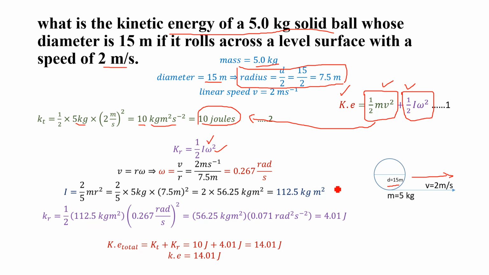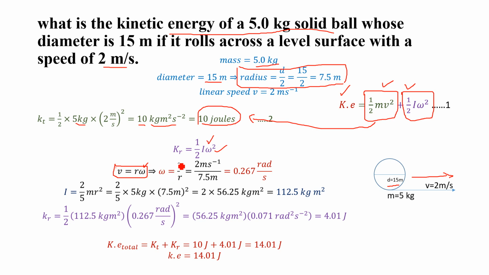So we will determine the angular velocity of this ball and the moment of inertia of this ball. First, let's derive the value for rotational velocity. We know that translational velocity and rotational velocity are related to one another by this equation: v is equal to r omega. We need the value of omega, which is rotational velocity.